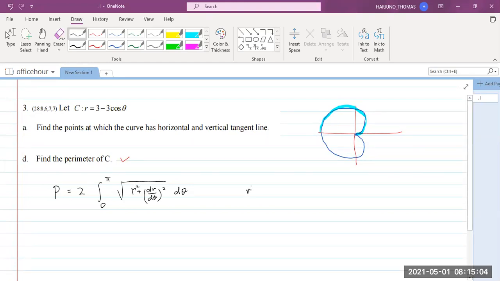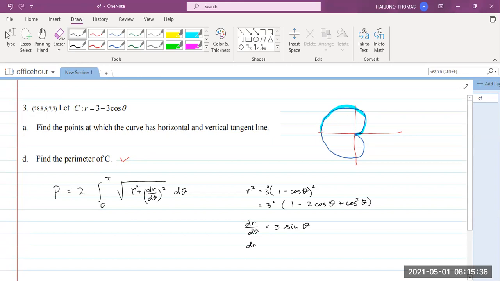So r squared is equal to, let me get the 3 squared out, and then I have 1 minus cosine theta squared. And then dr d theta will be 3 sine theta.